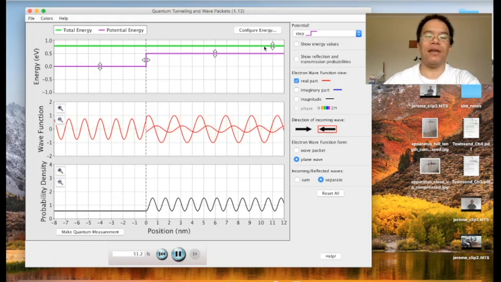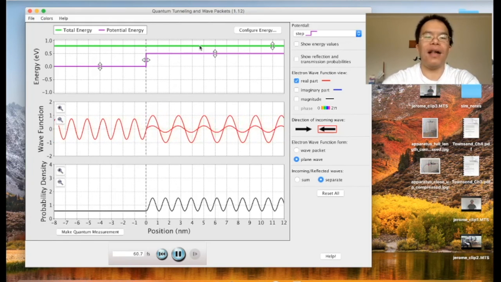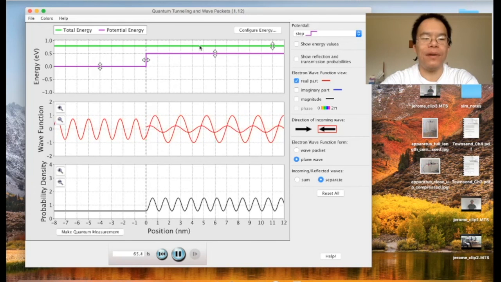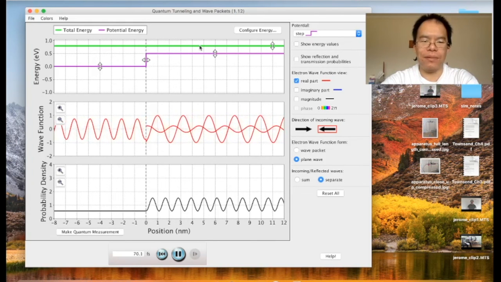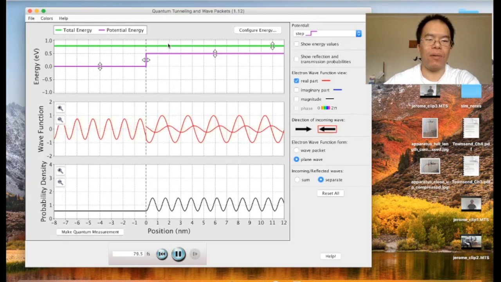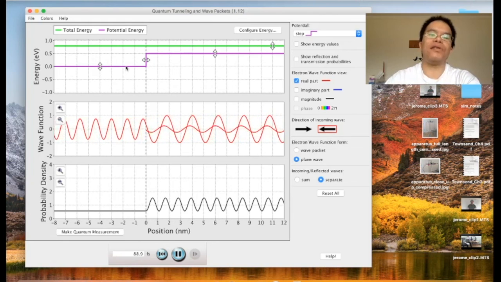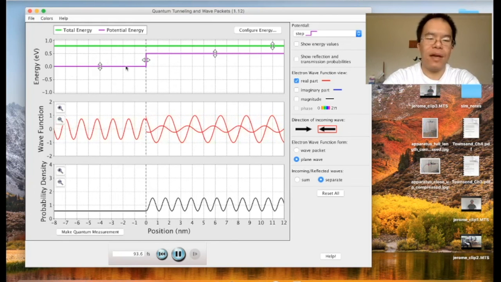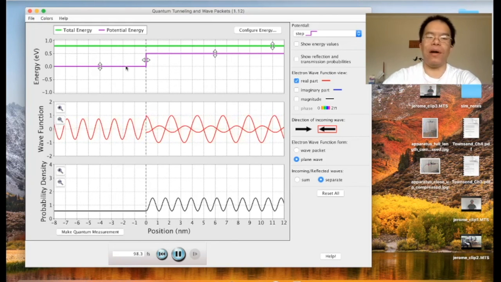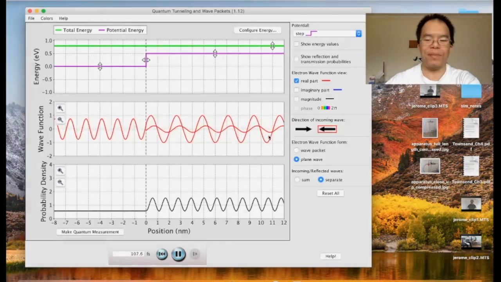This is no different really than what you get going from a wave initially on a thicker string to a lighter string. Again, because there's a discontinuity in the potential energy, and because we're talking about waves, we get both transmission and reflection.